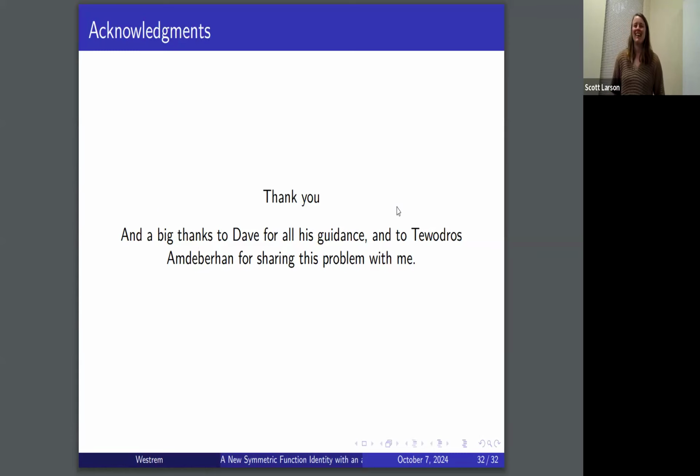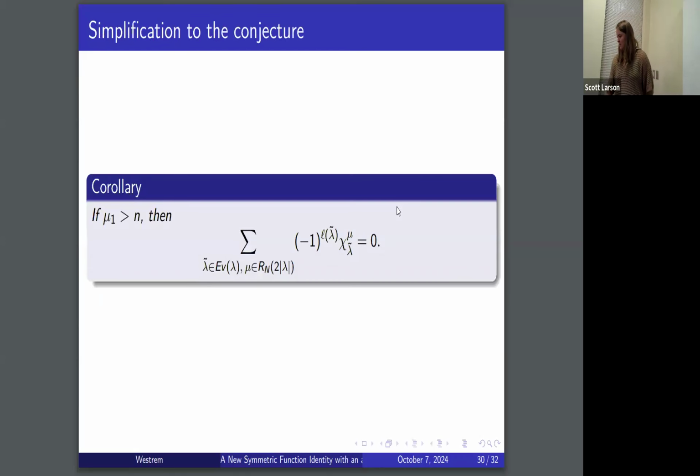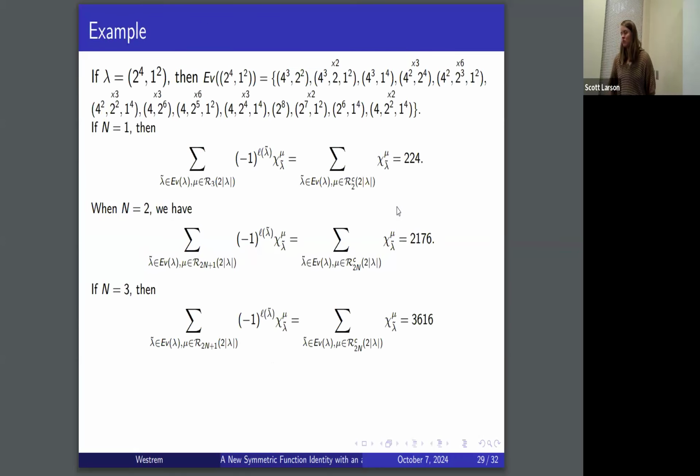Not really a coherent question, but this set, the lambda where you're either doubling or duplicating. Copying, yeah. Why is that showing up? It seems like a weird condition to work with. We actually didn't talk to Teddy about that specifically.